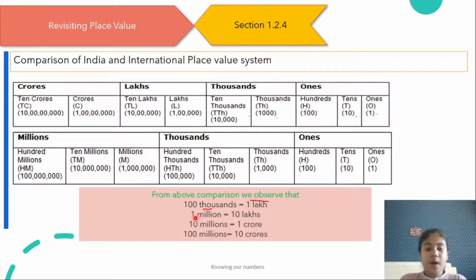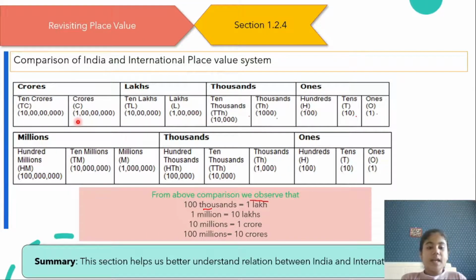It means 1 million equals 10 lakh or 10 lakh equals 1 million. Similarly, 10 million equals 1 crore and 100 million equals 10 crore. Summary: this section helps us understand the relationship between the Indian and international place value charts.